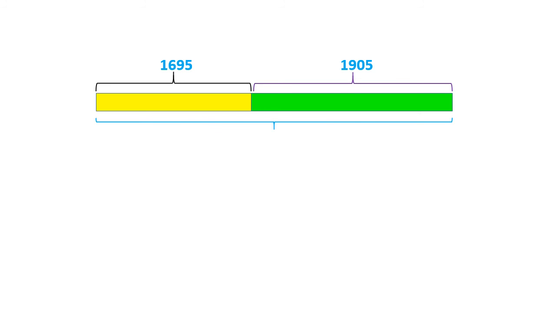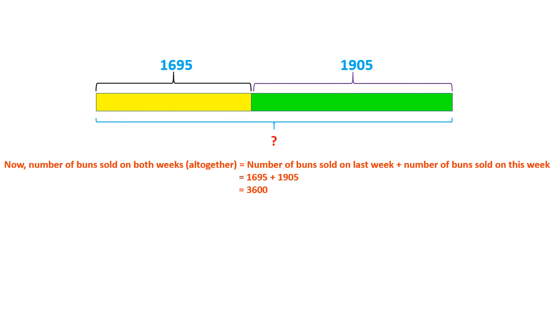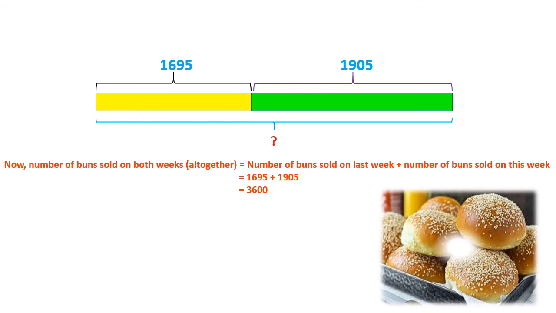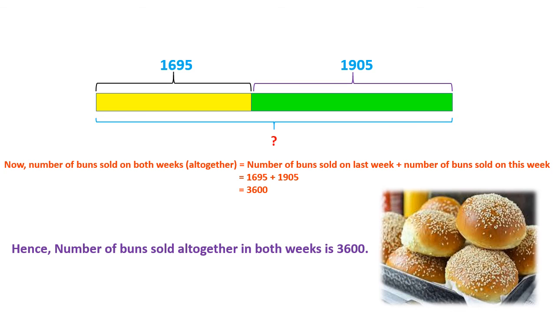And by combining these two numbers, we will be getting the number of buns sold in both weeks. So now we will be adding them. That is the number of buns sold last week, which is 1695, plus the number of buns sold this week, which is 1905, and we are getting the answer 3600. Hence, the number of buns sold altogether in both weeks is 3600.